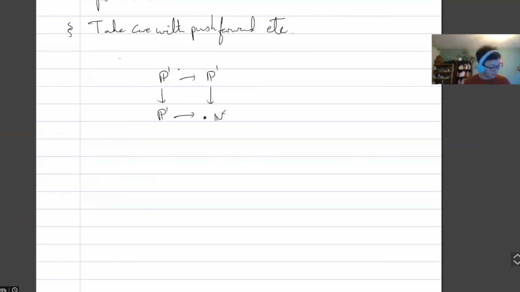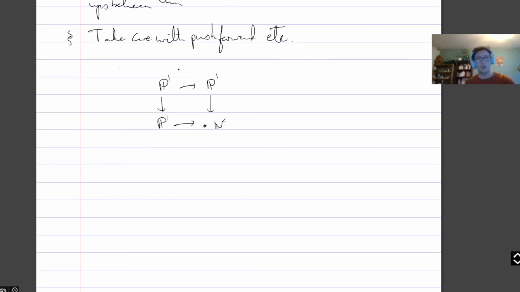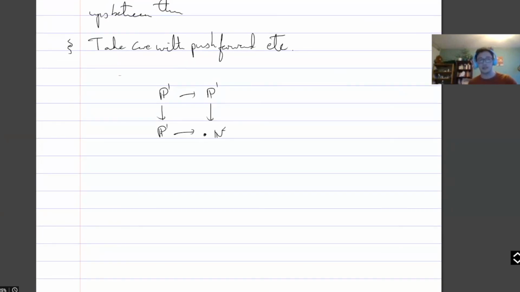There's no change. And so if you were to naively attempt to define push forward, so these two, I mean, everything here is a log blow up, but in particular, these two maps are log blow ups. If I take the fundamental class here, I push it forward and then I pull it back, I get something different.